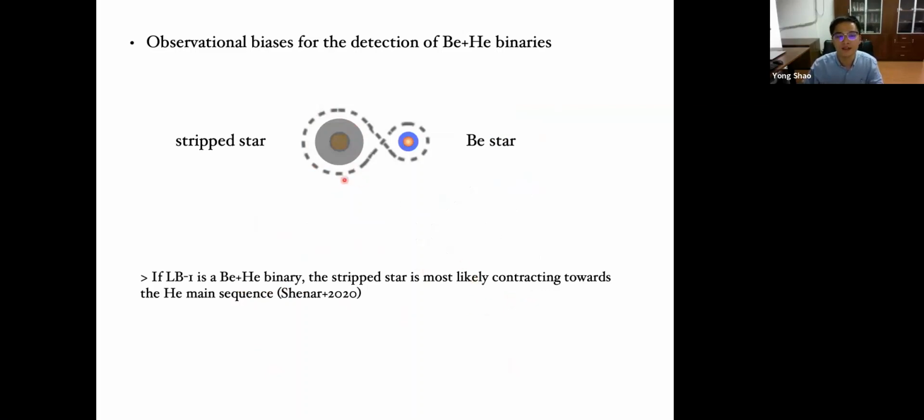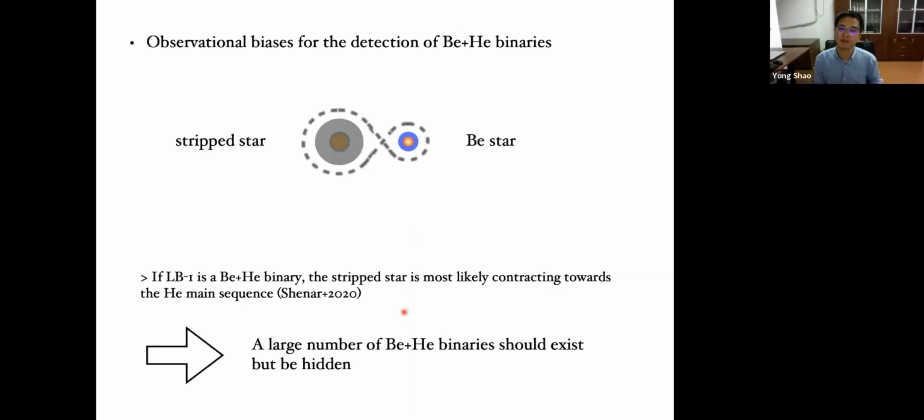It means that the stripped star still has a hydrogen envelope around the hidden core. So this phase is also very, very short. So a large number of B plus hidden star binaries should exist, but still hidden.